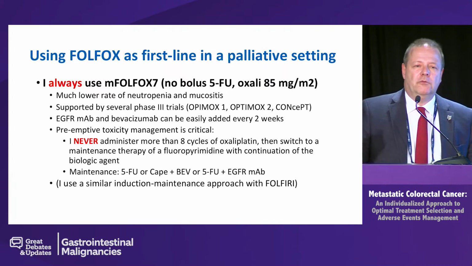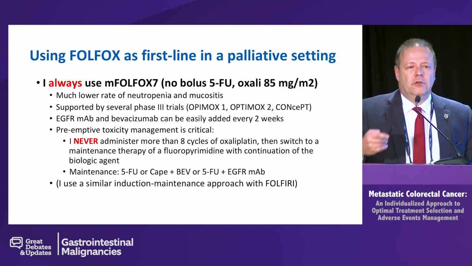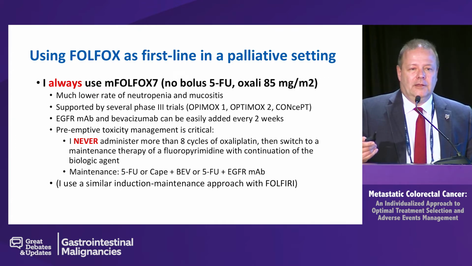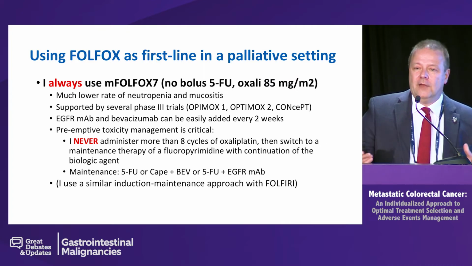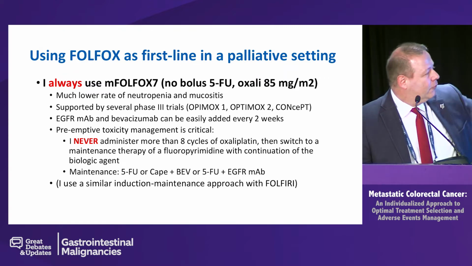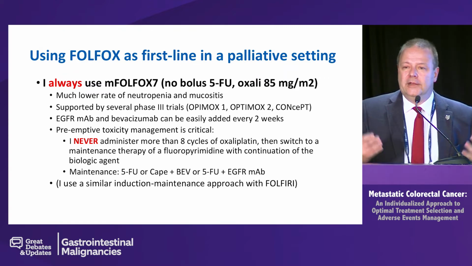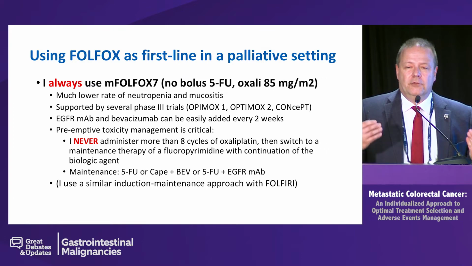The bolus component of 5-FU, this is my personal approach, really inflicts a lot of toxicity without helping patients a lot. And so in a palliative setting where quality of life is the main issue, you want to decrease things like neutropenia and mucositis, which are linked. And this is really related only to the bolus 5-FU component.